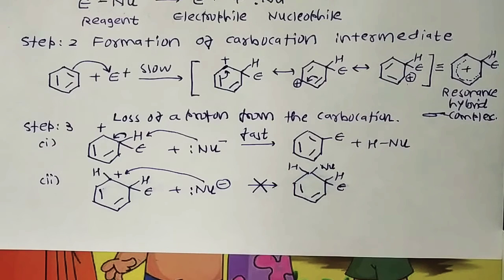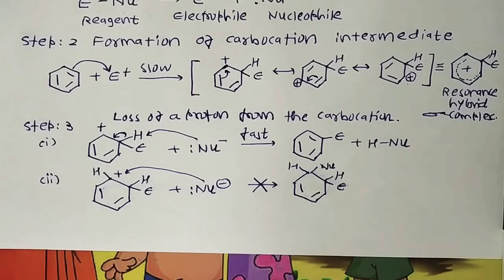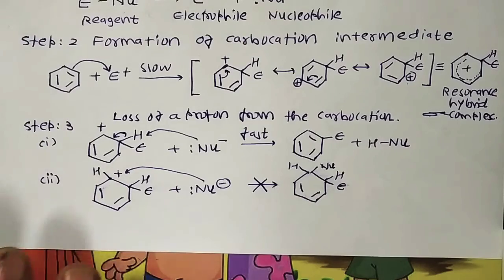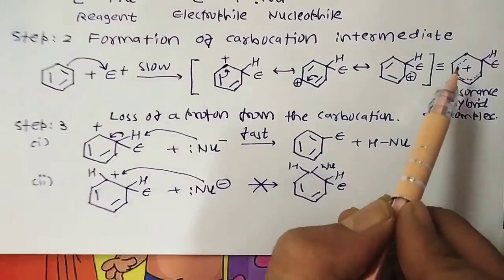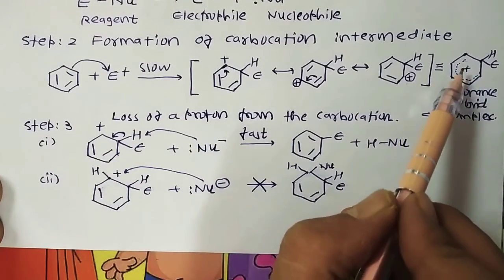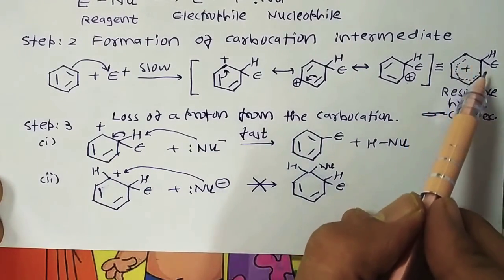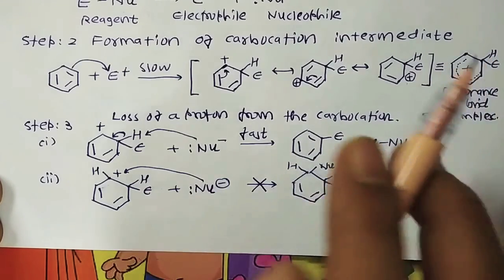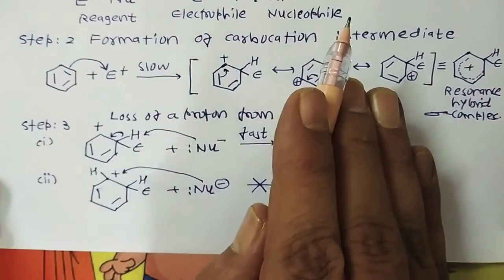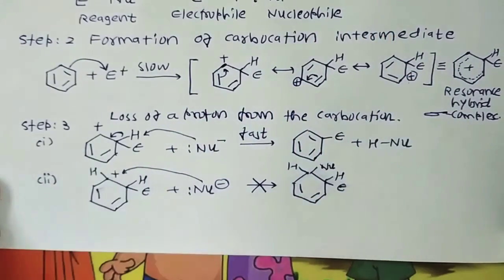The sigma complex is a carbocation intermediate, which is stabilized by a resonance process. During the formation of the sigma complex, the aromatic character of the benzene ring is destroyed. Now the delocalization of pi electrons is not over the whole system. Therefore, this step is slow and hence is the rate determining step of the reaction.